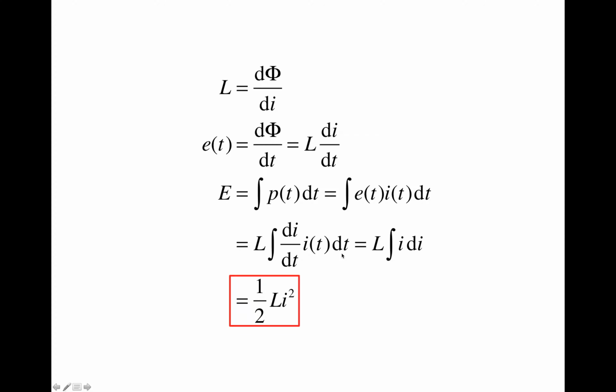The dt cancels out, and it becomes the integral of L times I di. This integral can be carried out explicitly, and it equals one half L I squared. The energy is proportional to the square of the current, which is actually an electric kinetic energy. So the inductor is a kinetic energy storage device.